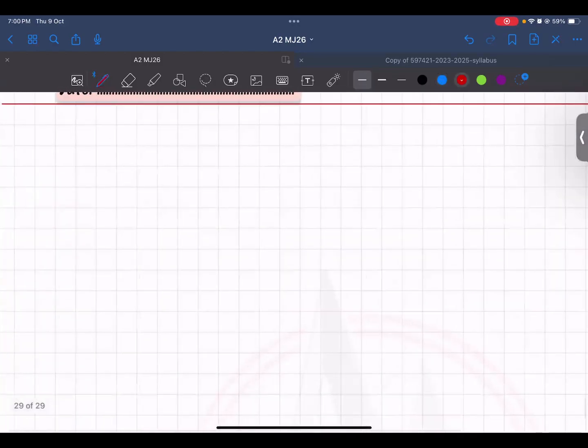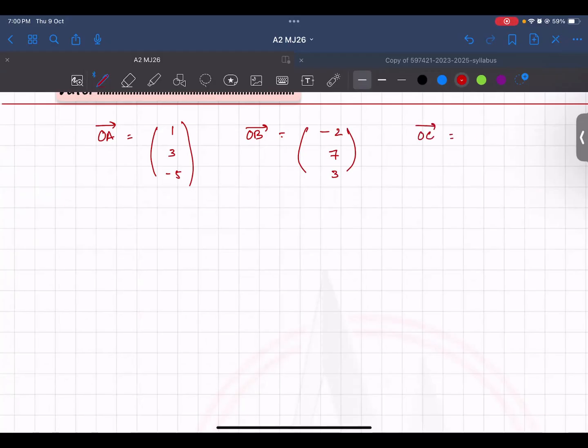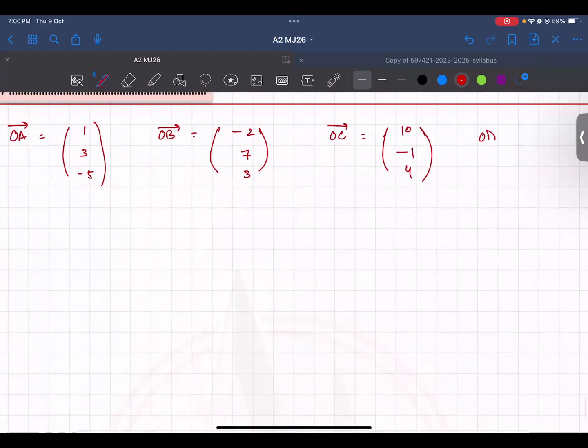So look, let's suppose OA is given 1, 3, minus 5. OB is given -2, 7, 3, and OC is given 10, -1, 4, and OD is given 5C, -2C.